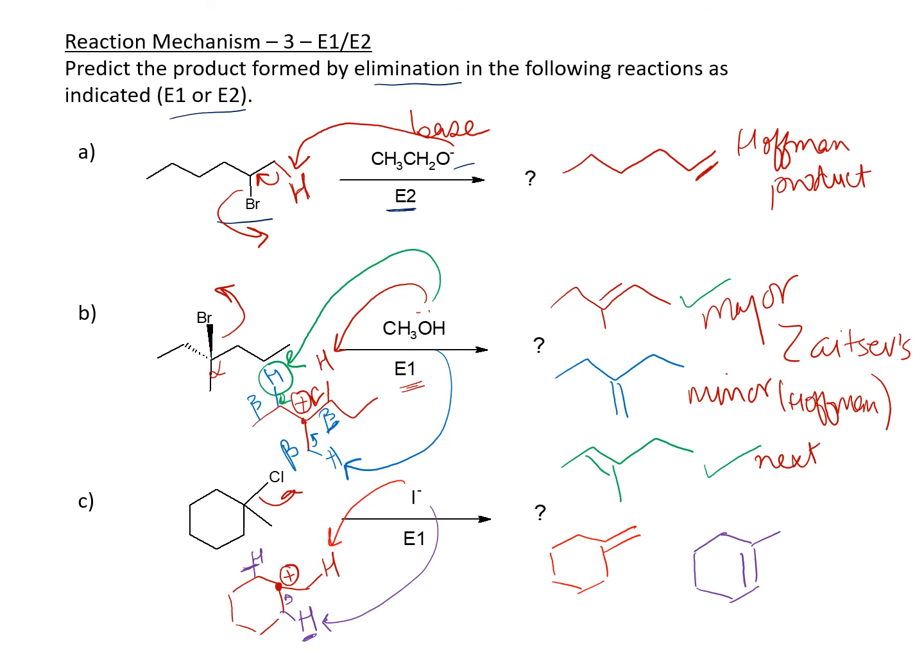In the case of E1 mechanisms, again, your Zaitsev product is going to be the major product. So this is your major, this is the minor product. Should you always write the two products? When you're doing things on your own, yes, you should. In an exam, you may have a multiple choice and be asked for the major product, so in that case you will just have the major product. If you're asked to write all the products formed, then you should write all the products formed.